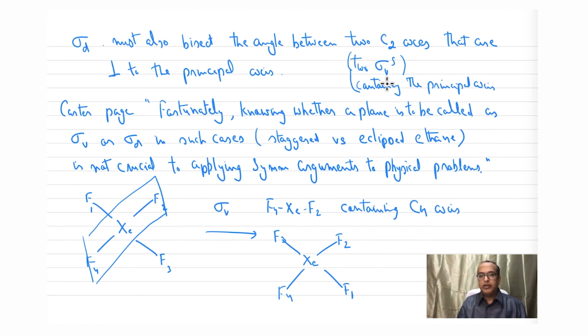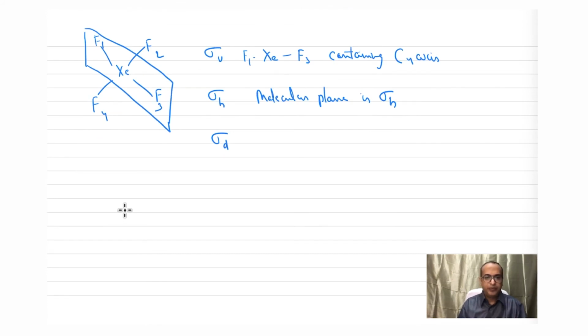So it can be either of these. If it is bisecting the angle between two C2 axes, the C2 axes must be perpendicular to the principal axis. Or if it is bisecting the angle between two sigma V's, then sigma V's by definition will be containing the principal axis. So let us see this example over here.